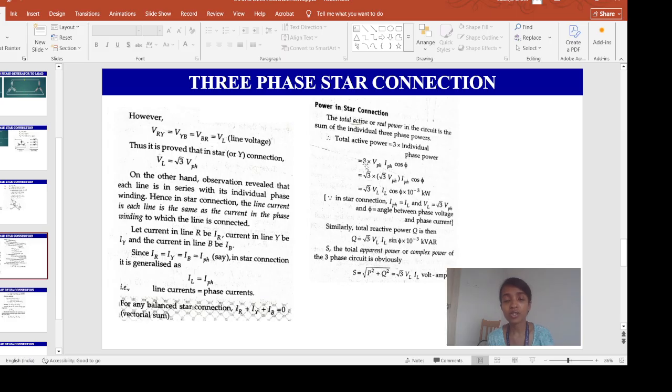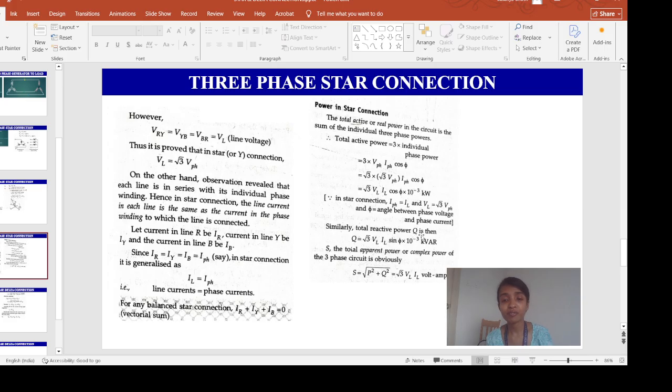So this 3 we can write as root 3 multiplied by root 3, and then V phase, I phase, cos phi. Root 3 multiplied by V phase is nothing but the VL, and I phase is nothing but the IL in case of star network, into cos phi. We know active power is in watt or kilowatt, so multiplied by 10 to the power minus 3 for kilowatt.